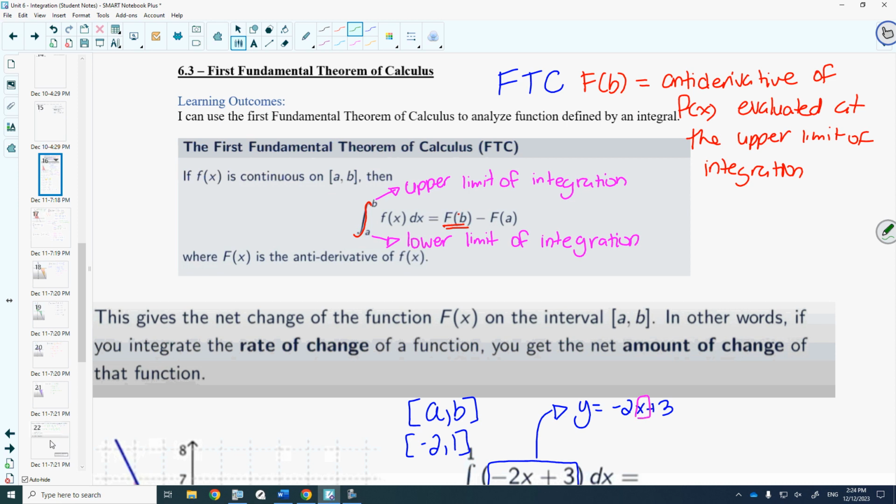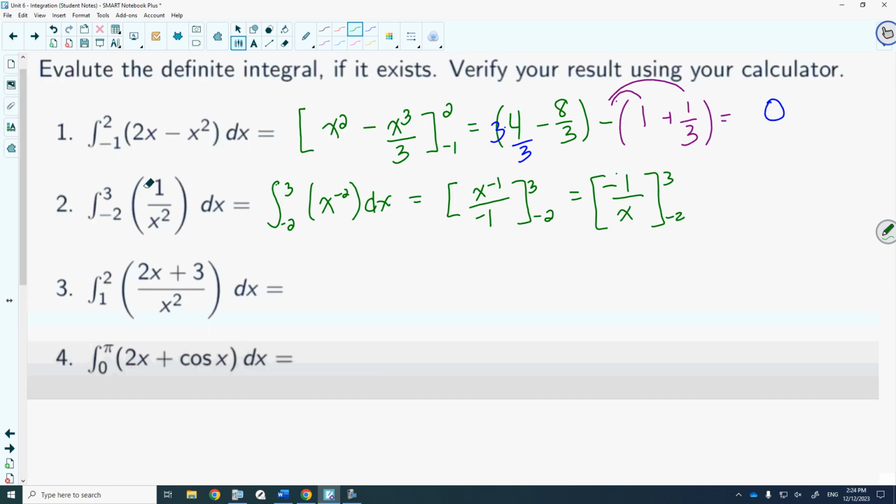The function I just gave you, where is this function discontinuous? x cannot be equal to 0. There's a discontinuity at x equal to 0. Is that discontinuity in the interval? Yes. So the function is not continuous on that closed interval.